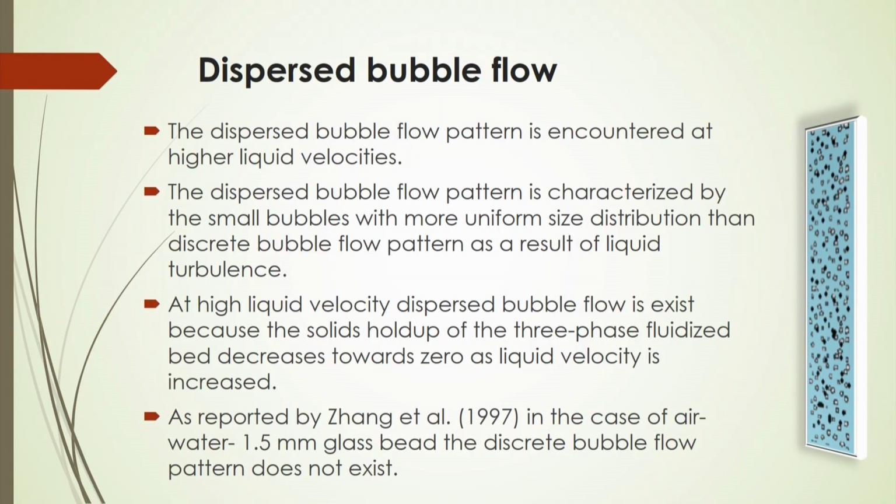As a result, you will see the liquid turbulence will be a little bit higher than the earlier one. At high liquid velocity, dispersed bubble flow exists because the solids holdup of this 3-phase fluidized bed decreases towards 0 as liquid velocity is increased.